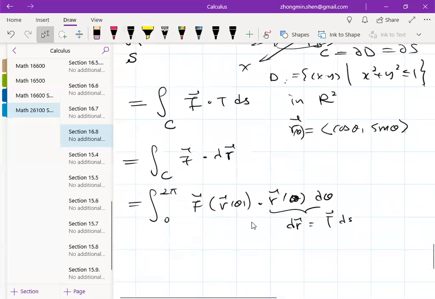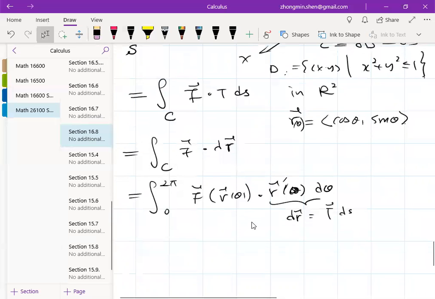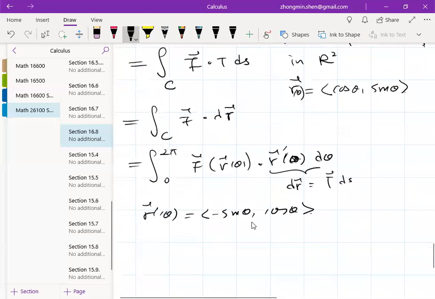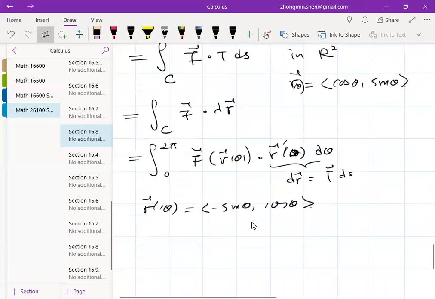Now let's calculate this. r prime(theta) is just equal to negative sine theta, cosine theta. If the third component is 0, we are in 2 dimensions.